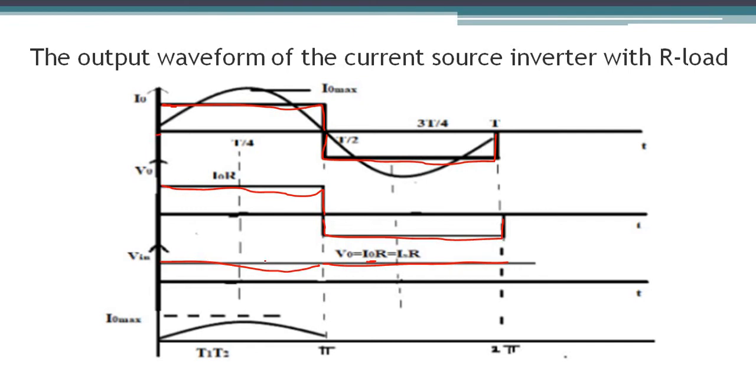The power, Vin into Is, is always greater than 0. So power is always delivered from source to load in a resistive load.